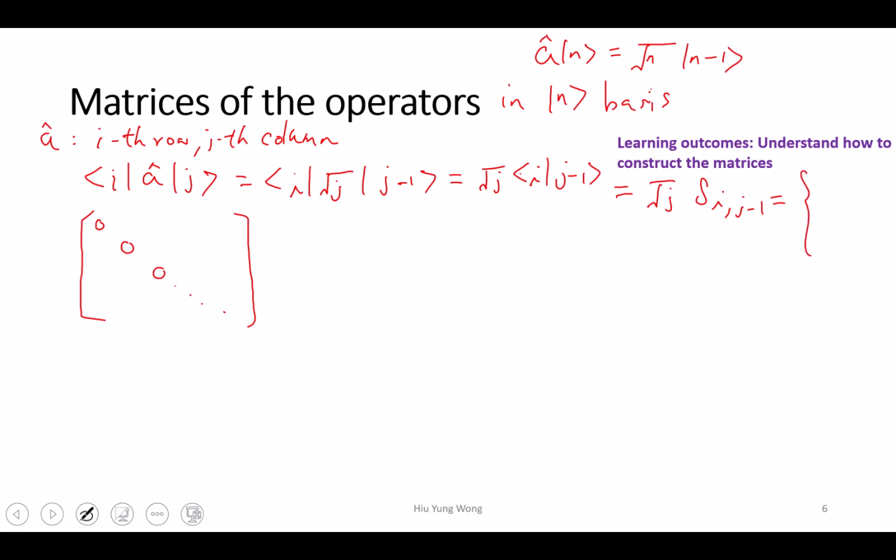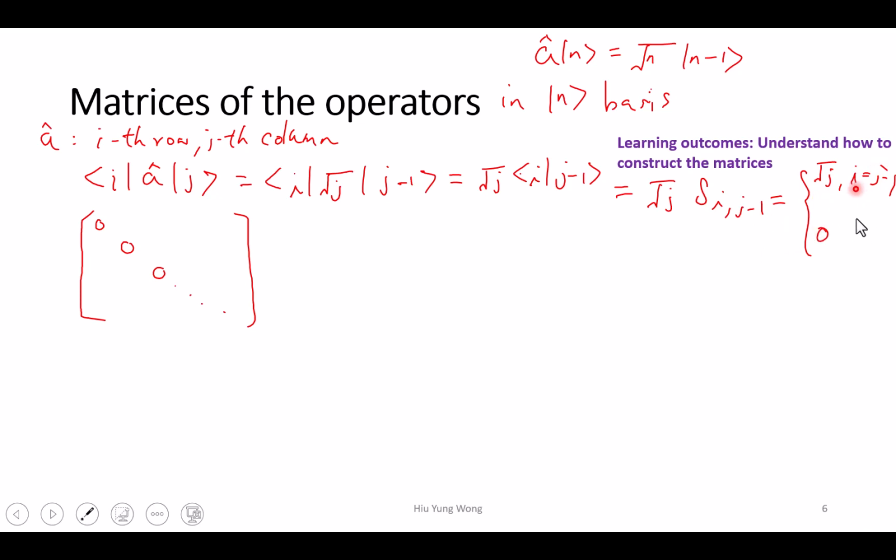This equals square root j when i equals j minus 1. Is this okay? When i equals j minus 1, then I get square root j, otherwise I get 0, right?